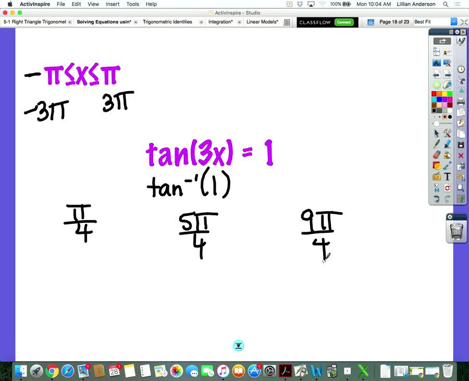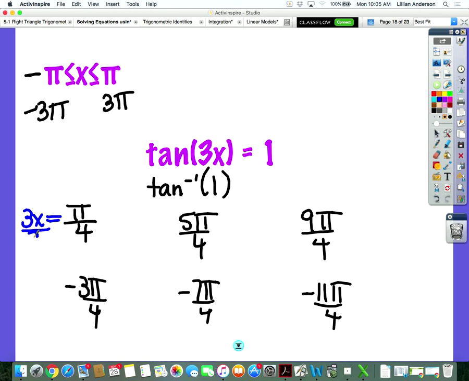Then going in the clockwise direction, it would have been a negative 3 pi over 4, a negative 7 pi over 4, and then a negative 11 pi over 4. Okay? So then every single one of those had to be equal to a 3x, and so you would have had to divide everything by 3.